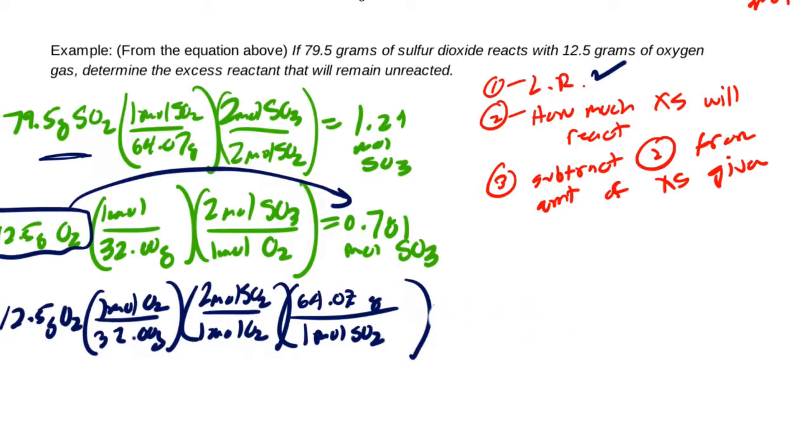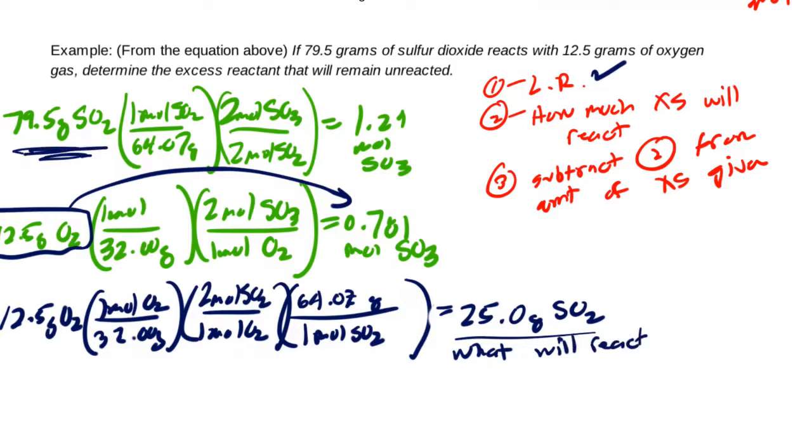In relief, I don't know what I did, but the actual answer is 25.0 grams SO2. Okay, so this is what will react. I'm going to subtract this from what I was given to get the excess reactant remaining.